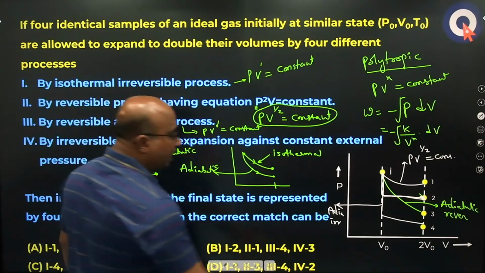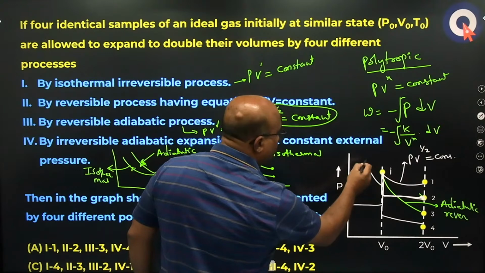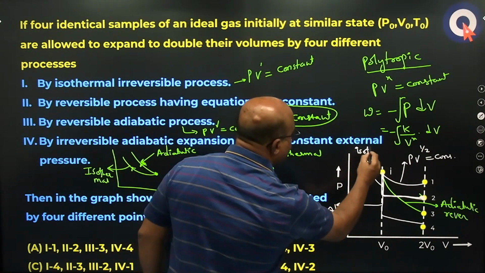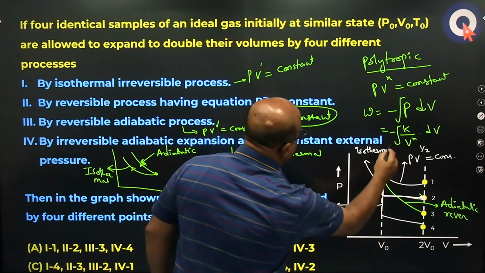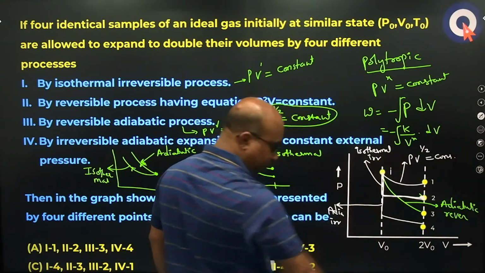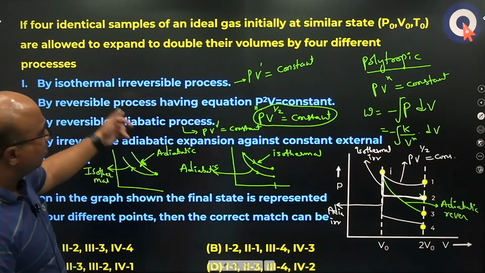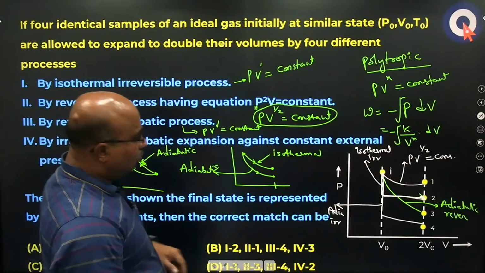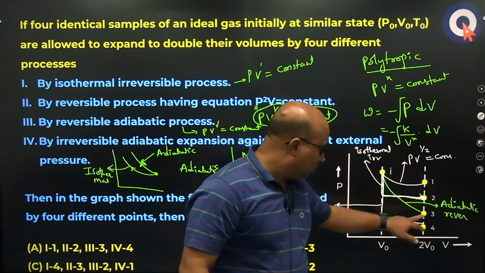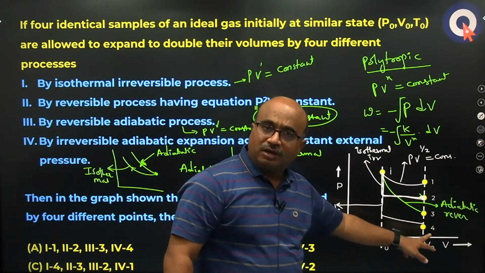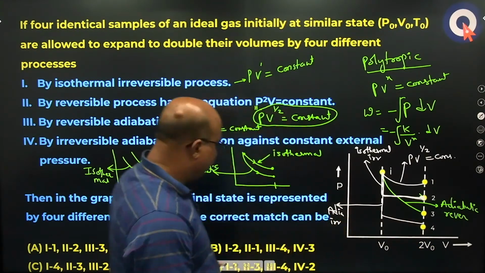So this will be indicating isothermal irreversible, because isothermal reversible was not there. So this has to be adiabatic reversible. The 1 to 4 has to be adiabatic irreversible.